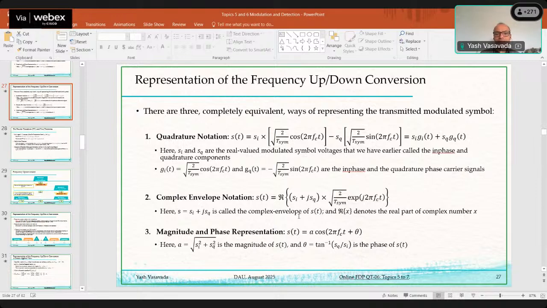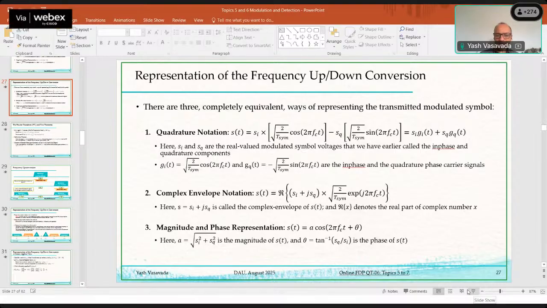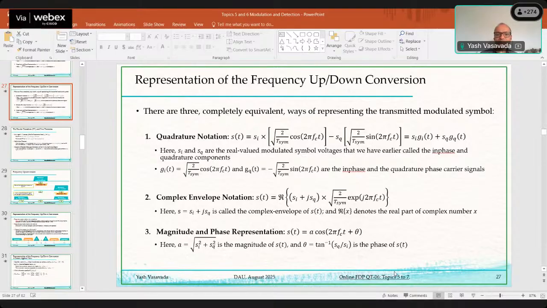This is an example of a second order modulation scheme. And many of our today's communication systems actually operate on these second order schemes. But it does not have to be second order, it can be higher order as well.